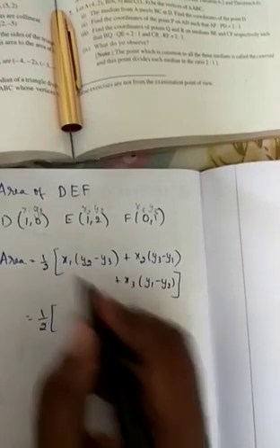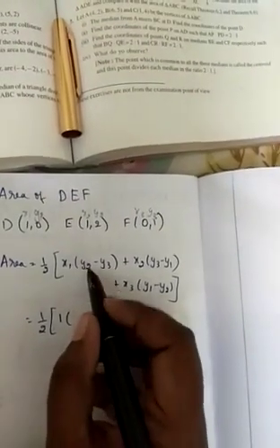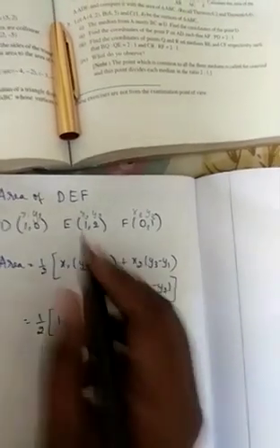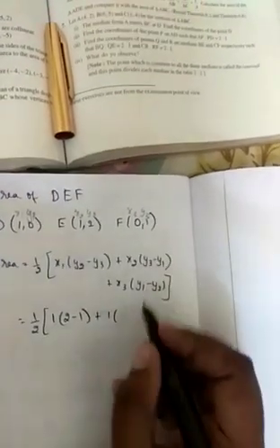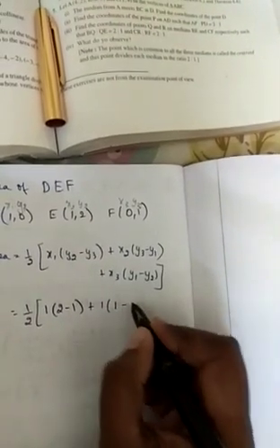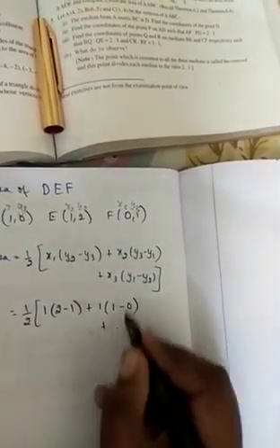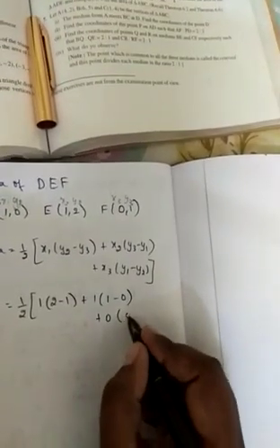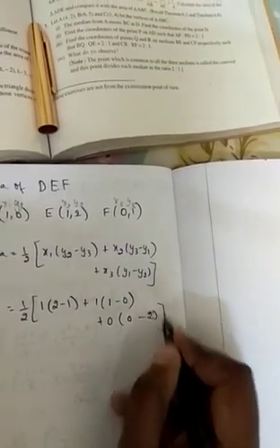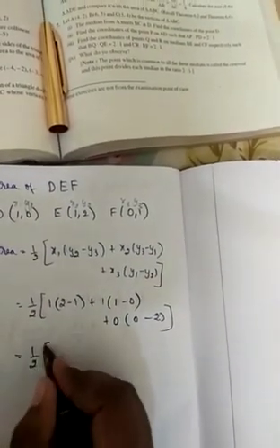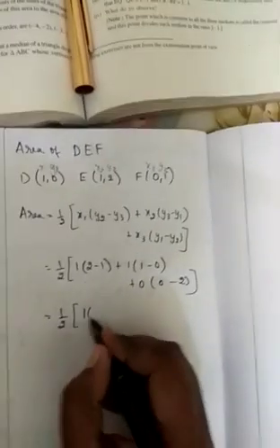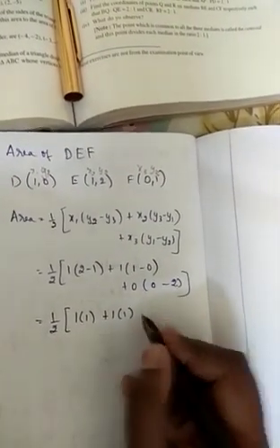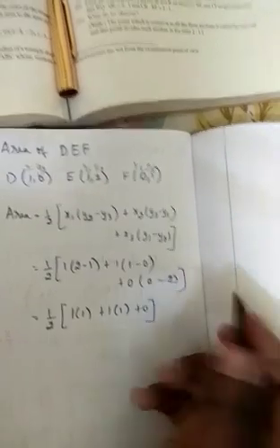So half into 1 times (2 minus 1) plus 1 times (1 minus 0) plus x3, which is 0, so that term is 0 only, since 0 multiplied by anything is 0.